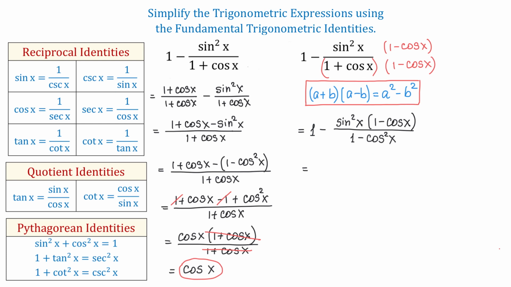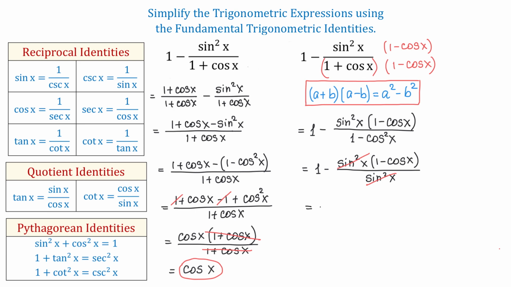And now we will have 1 minus sine squared of x times 1 minus cosine of x over sine squared of x. Then sine squared of x will cancel, and here I will not have a fraction anymore, but I still have to distribute the negative that we had in front of this fraction.